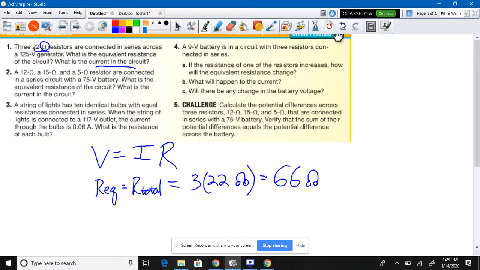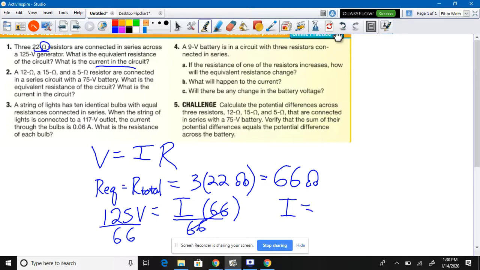Well, what's the current? Well, it's connected to a 125 volt generator. The current stays the same in the entire thing, so we can use 66 ohms. So it's just divide both sides by 66. And what are the units of current? Amps. And you know who discovered that?